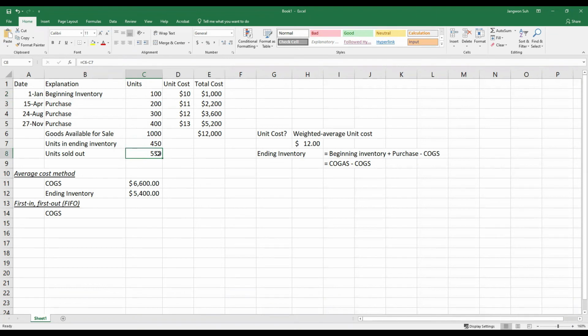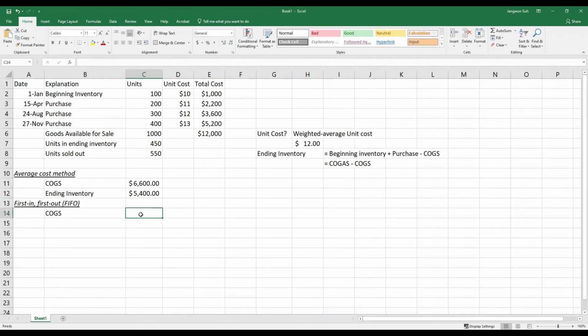No, 100 and 200, summing up to 300, are not enough to explain 550. Then we should go to the next first, which is this layer. Are there enough? 100, 200, and 300, summing up to 600. Yes, 600 is enough to explain 550. Indeed, we don't need all of the 600. We only need 100, 200, and 250 more to explain this 550.